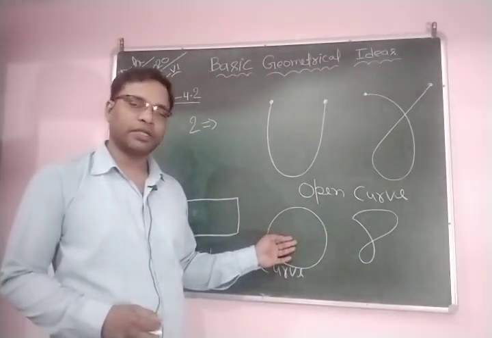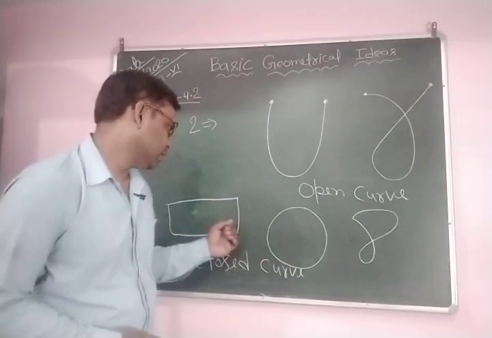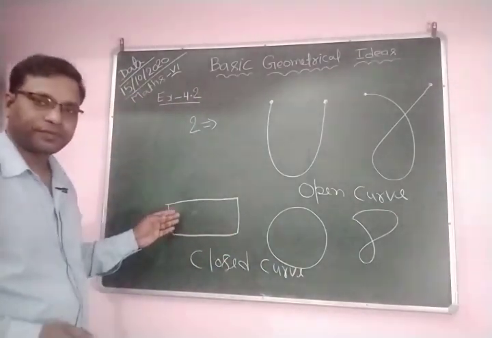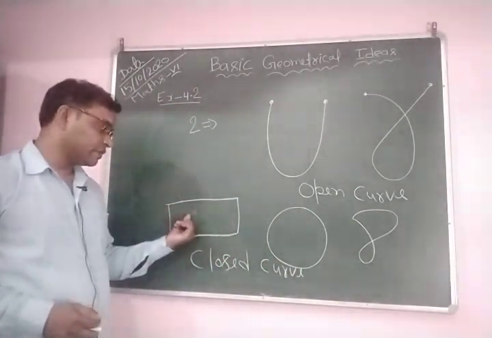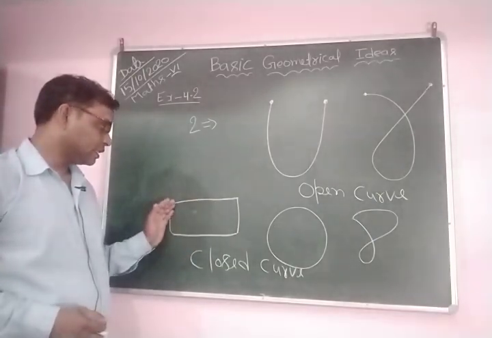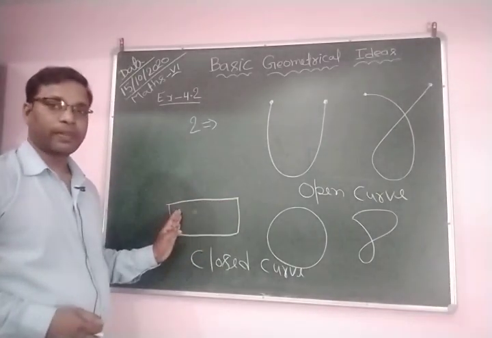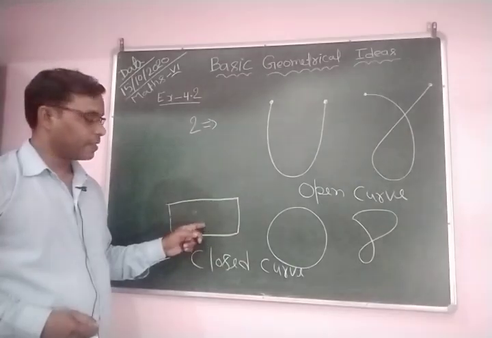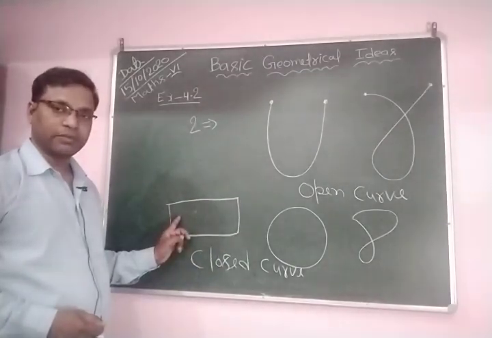You can say this is not a polygon. In this figure you can see this is a closed curve, a simple closed curve made by line segments.